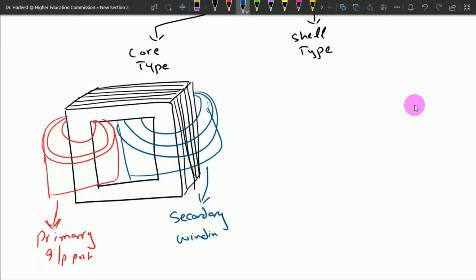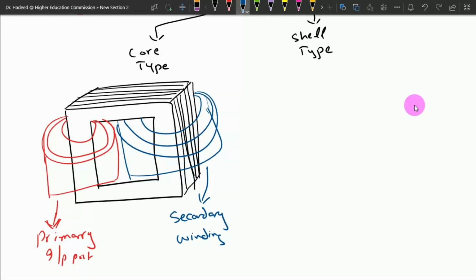Some transformers may have more than two windings, right, that are specifically used in power electronics, where we have multiple outputs. For multiple outputs we require one primary and multiple secondary windings. But for the time being, just consider that we have one winding for the input and one winding to connect the load, and therefore this primary winding and the secondary winding are shown here.